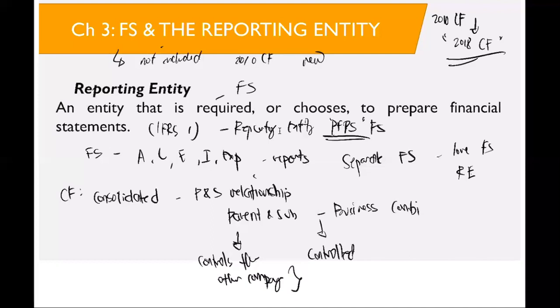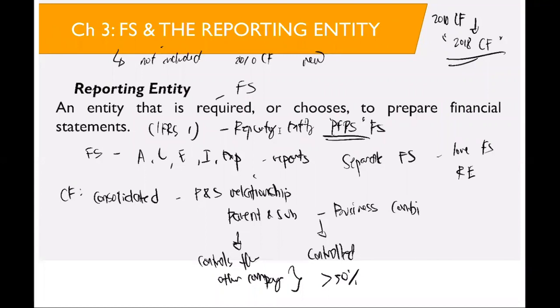So, when do we say that one company controls the other company? We have a parent which controls the other company if the ownership is more than 50%. How do we say ownership again? As to equity participation. If you have equity participation of more than 50% over the other company, we have a parent-subsidiary relationship. Therefore, we have a business combination.